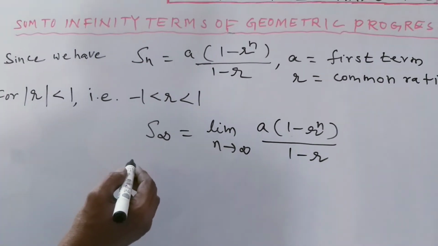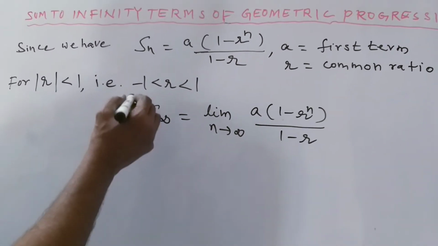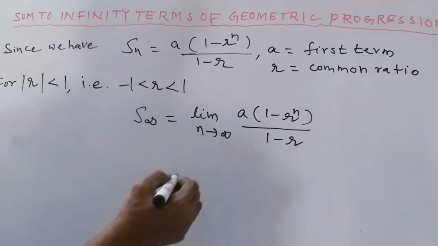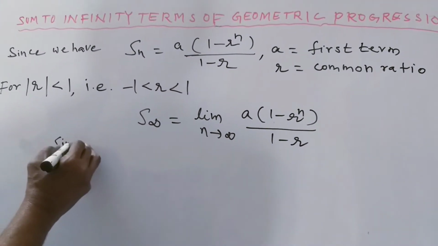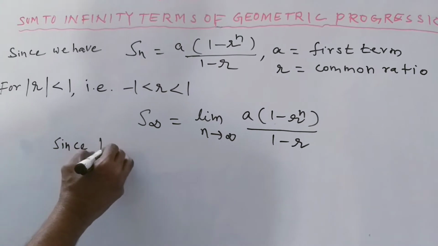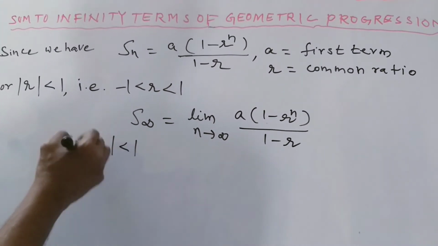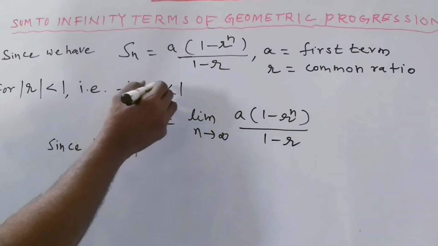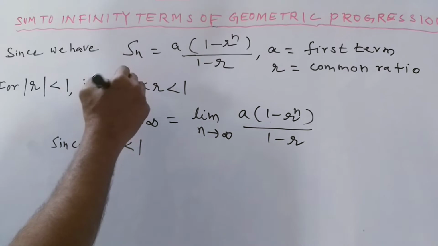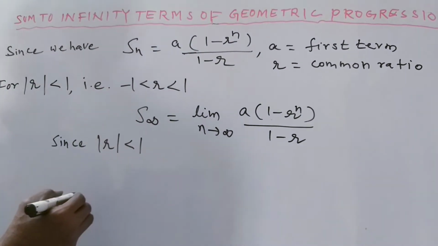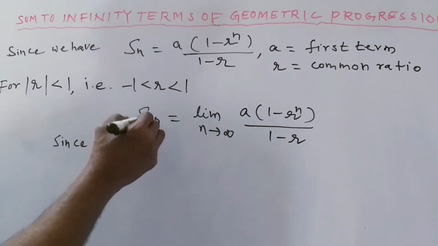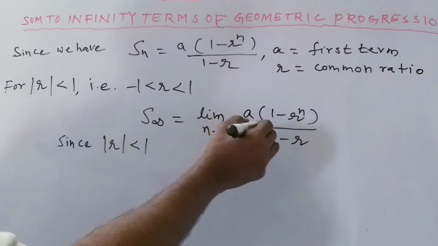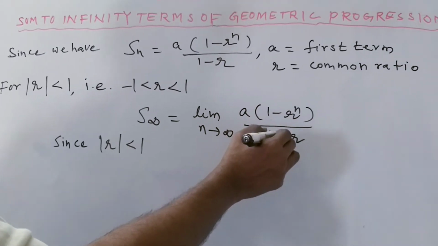So here, since we have minus 1 is less than r is less than 1, that means here common ratio value lies between minus 1 and plus 1. Now here sum to infinity is equal to limit n tends to infinity A of 1 minus r to the power of n by 1 minus r.